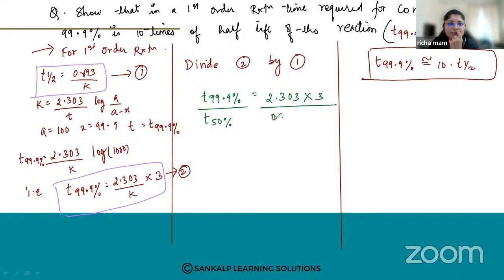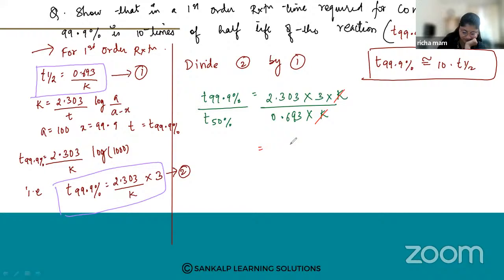So now K gets cancelled. 2.303 into 3 is 6.909, divided by 0.693. It comes to be 9.969.